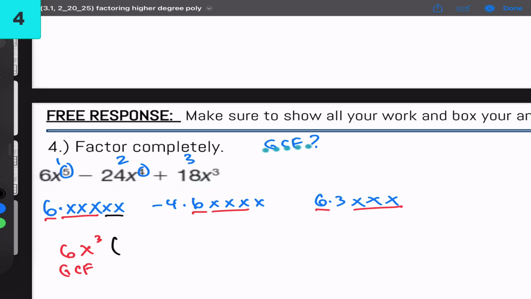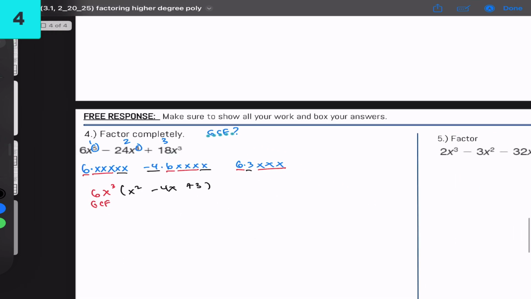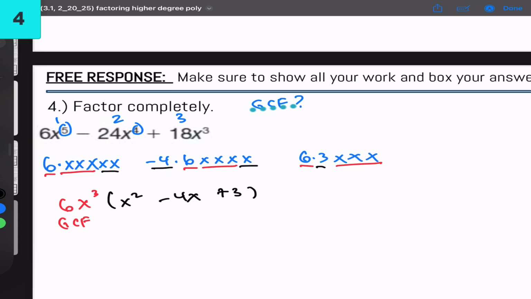So I have now x squared minus 4x plus 3. Okay, so you have to test if it's going to factor again. So a times c, there's my b value.